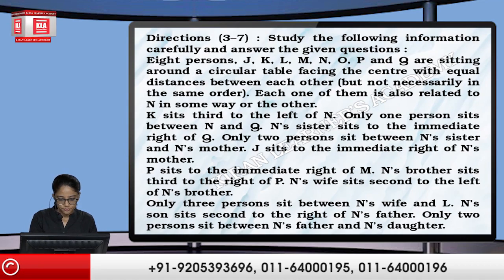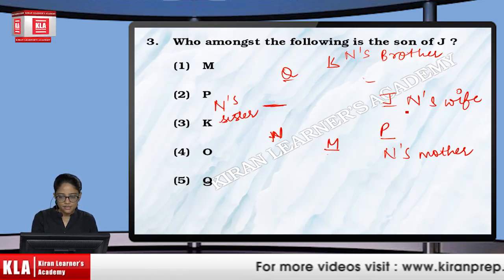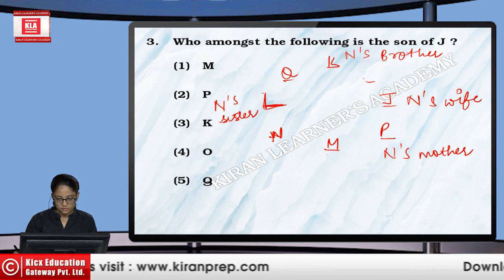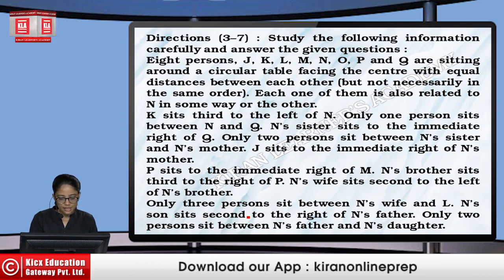Next we have only 3 persons sit between N's wife and L. N's wife and L, we have 3 persons. So it means L is N's sister. Next we have N's son sits second to the right of N's father.